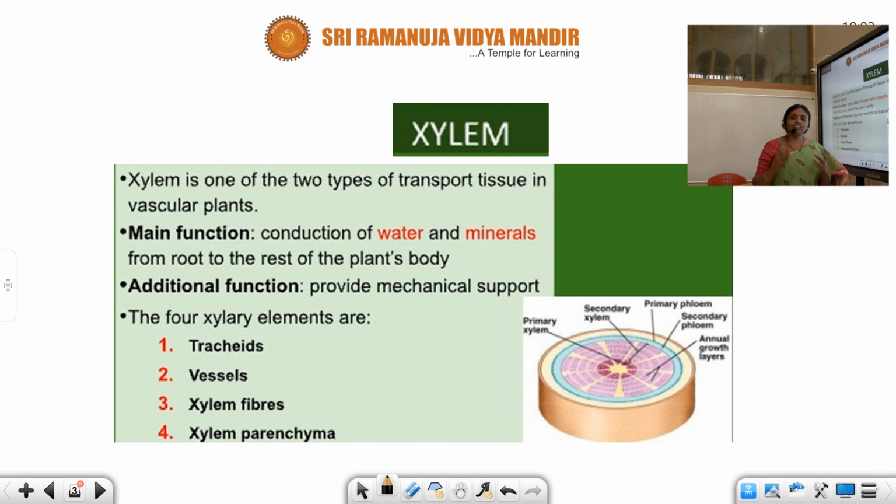If I say wood, that means xylem, and if I say xylem, that means wood. In the plant body, xylem is placed on the inner side and phloem towards the outer side. So xylem and phloem are complex permanent tissues.